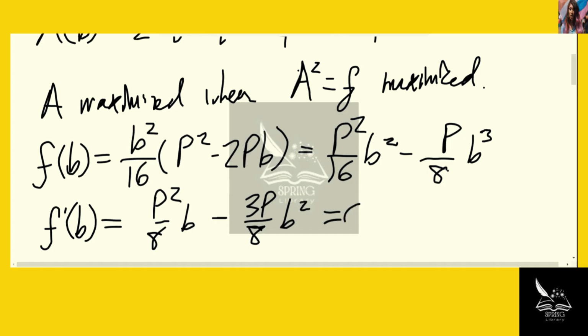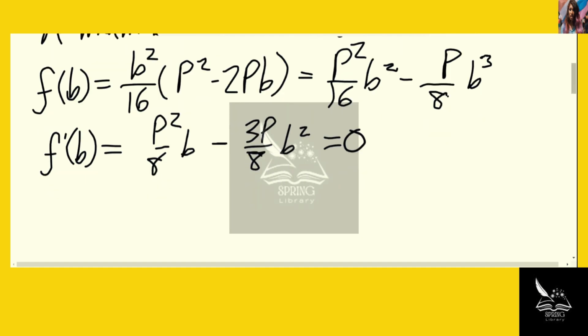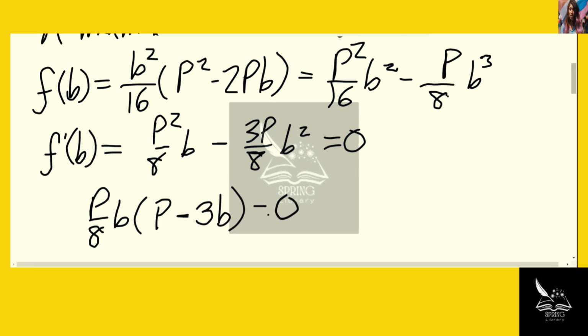We want to find when this is equal to 0. Well, we can factor this as: factor out P over 8, B, times (P minus 3B) equals 0.